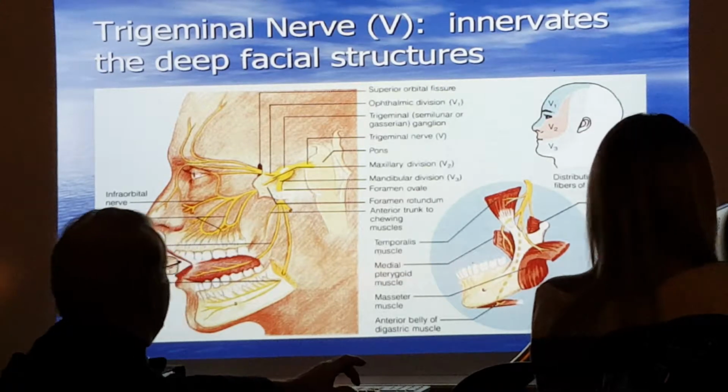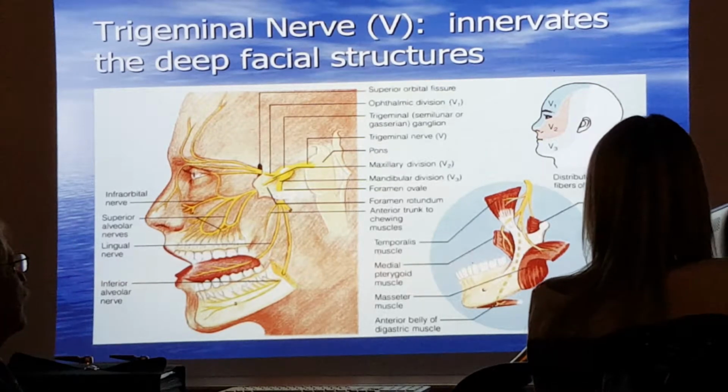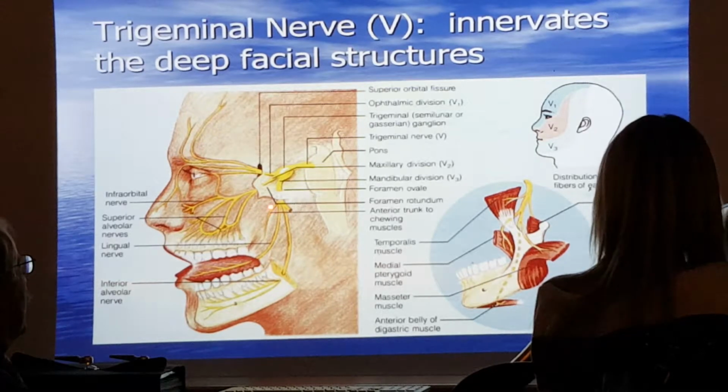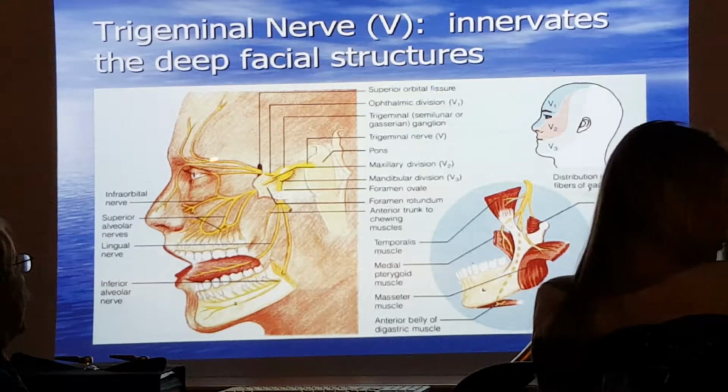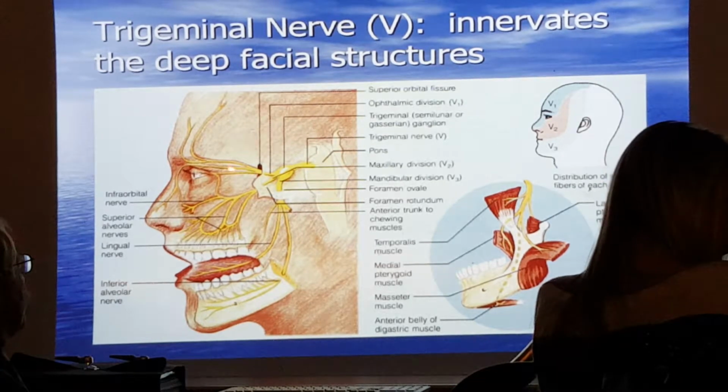Okay, one of the real biggies of the 12 cranial nerves is the trigeminal nerve. It is physically the largest of the 12 cranial nerves, and it splits into 3 branches, which you will want to know, because I'll ask them on the quiz next time. There is the ophthalmic branch, which comes out through the superior orbital fissure.